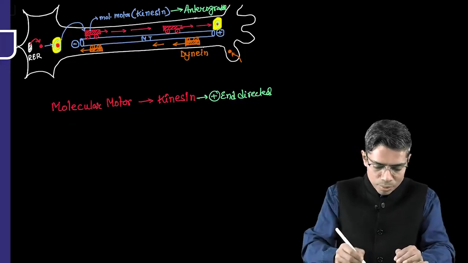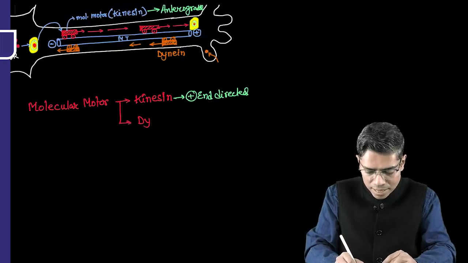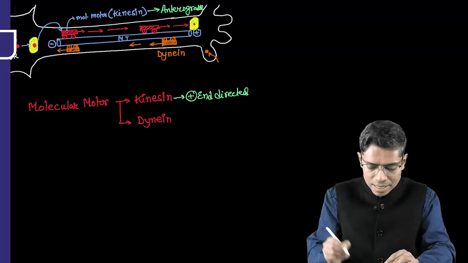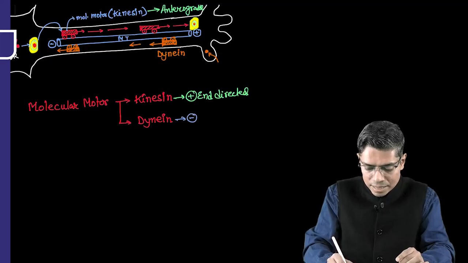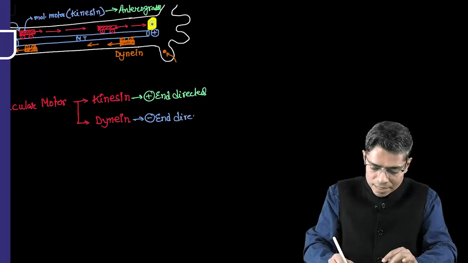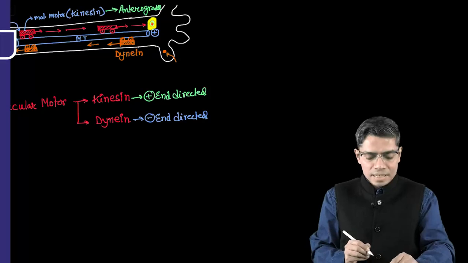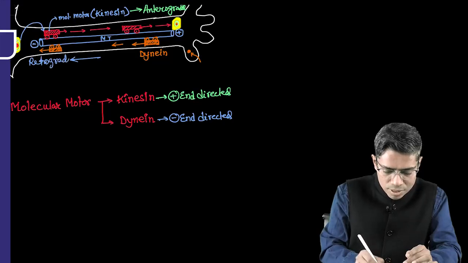So the second molecular motor that I am writing here is dynein, and dynein is a negative end directed molecular motor. Negative end directed means I can also say that this is the retrograde type of transport.